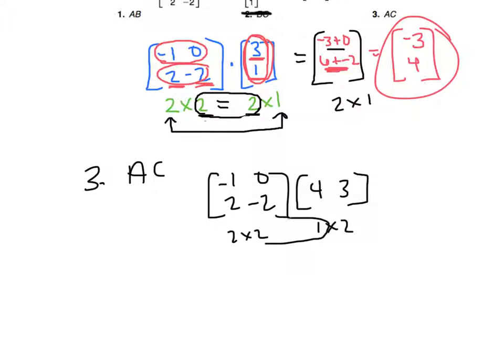Are the number of columns in the first one equal to the number of rows in our second matrix? No, it's not, so therefore it is not defined. And I would like you guys to explain that. Don't just say, no, it's not defined. Actually give me an explanation.